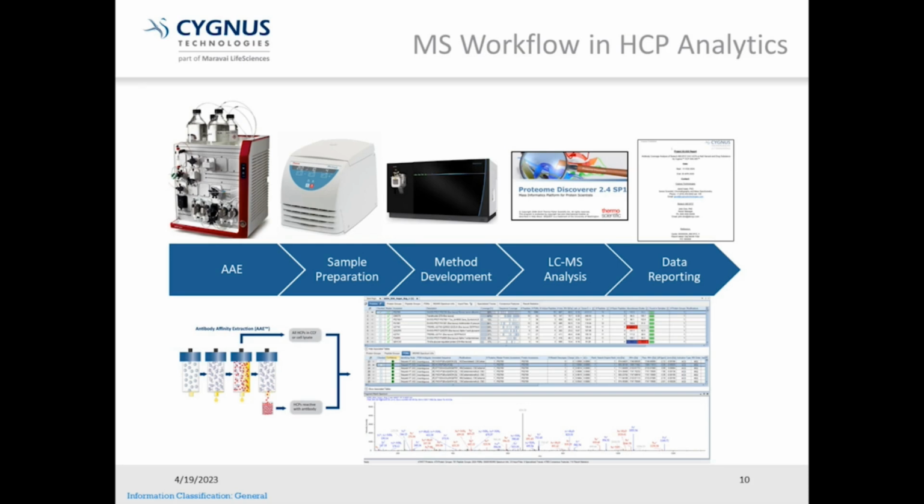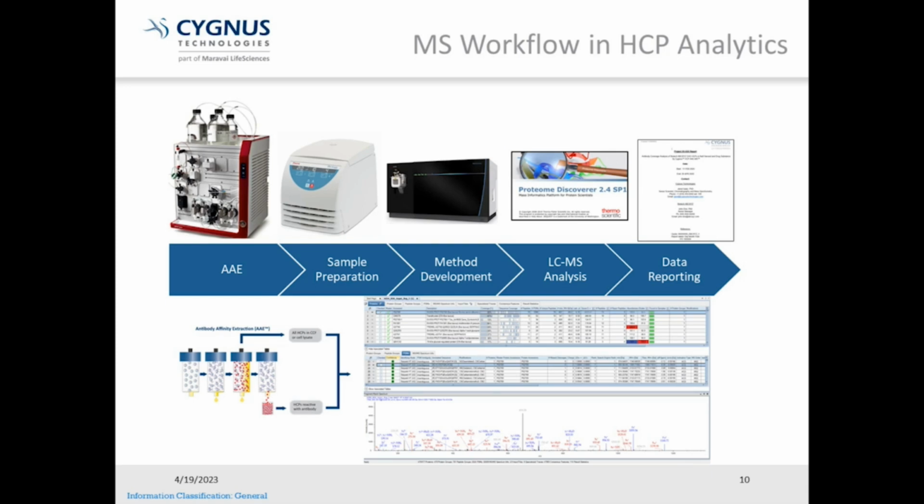In mass spectrometry-based host cell protein analytics, each sample type is a unique consideration. The instrumentation that I'm showing on this slide is intended to be illustrative of the potential combinations that may be employed for host cell protein analytics. In general, samples are enriched for host cell proteins by AAE and tryptic digested.